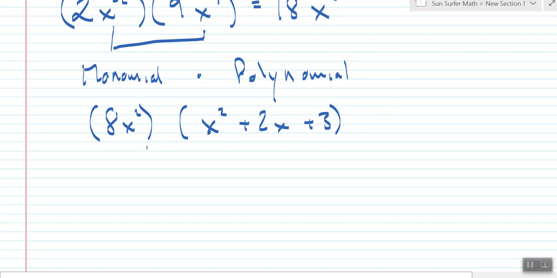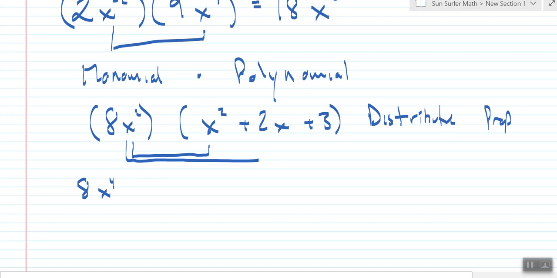Well, we use the distributive property to multiply this. The good old distributive property. And we take the monomial and simply multiply it by each term. So 8x squared times x squared would be 8x to the fourth. 8x squared times 2x would be 16, and we add the exponents, x cubed.